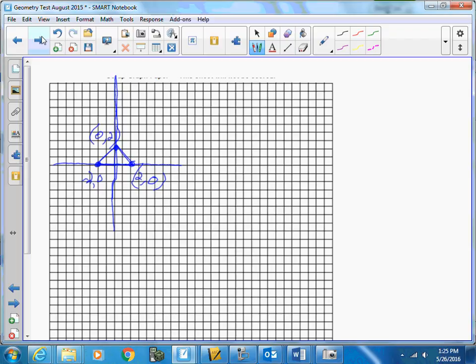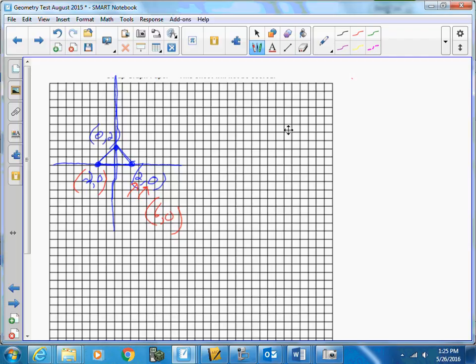So now, a dilation with a scale factor of 3. Remember, if you do a dilation of 3, what you're going to do is multiply each point by that number. So your new point for your image is going to be 6, 0 here, because I'm multiplying this by 3 and this by 3.